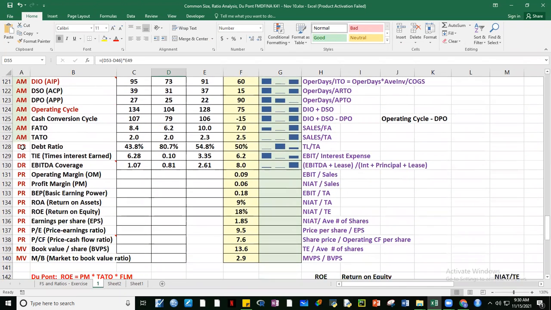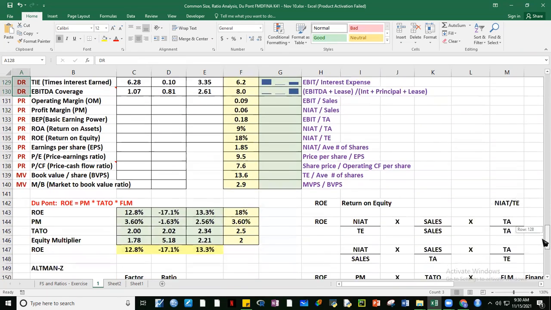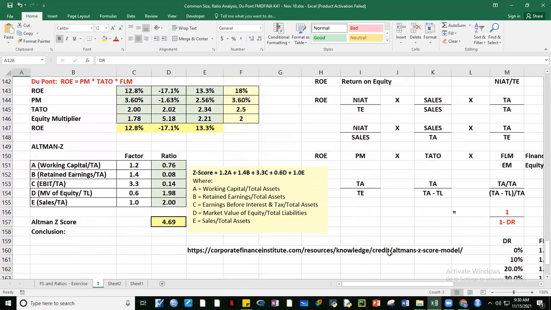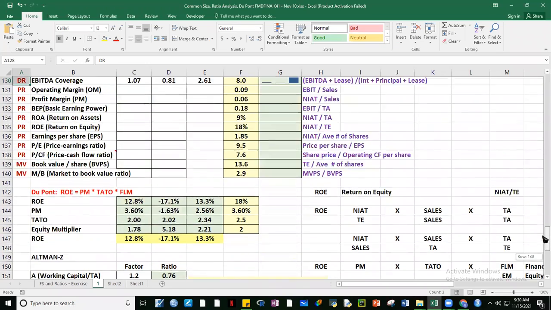And then debt ratio tells us of the leverage, how the company's capital structure is set up. And then we have profitability ratios and then market value ratios. We're going to finish this today, look at DuPont analysis, and then the Altman Z to determine if the company is going to become bankrupt or not.